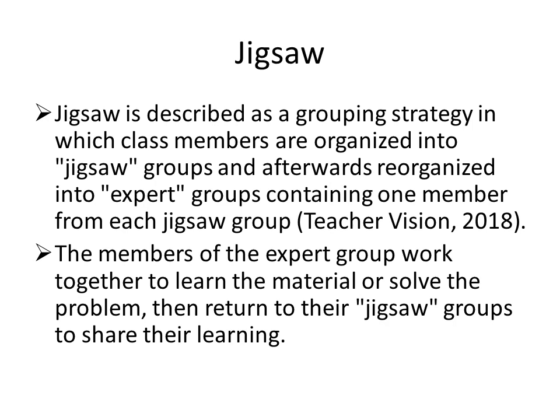So he assigns them into what he calls the jigsaw group. And then afterwards, they are reassigned into an expert group. So the expert group contains 1 member each from the different jigsaw groups.